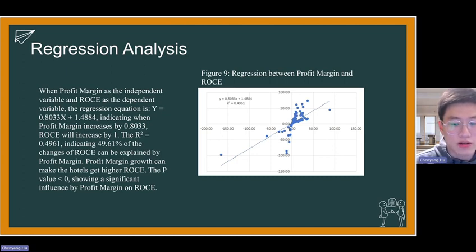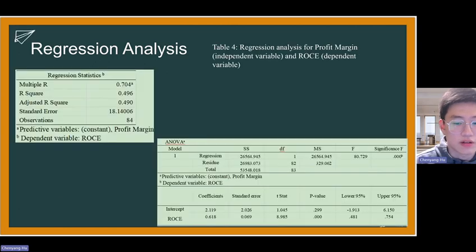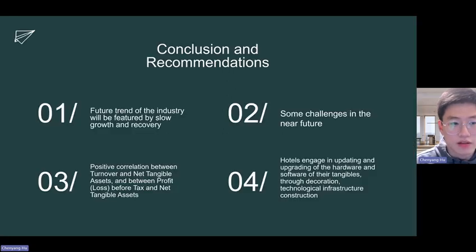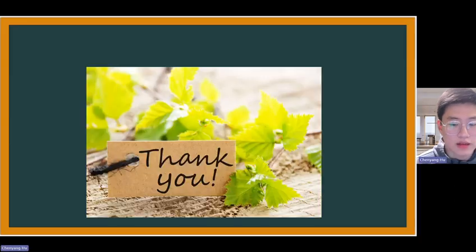Moreover, the correlation analysis shows that there is a positive correlation between turnover and net tangible assets, and between profit and loss before tax and the net tangible assets, indicating that net tangible assets can positively influence income and the profitability.